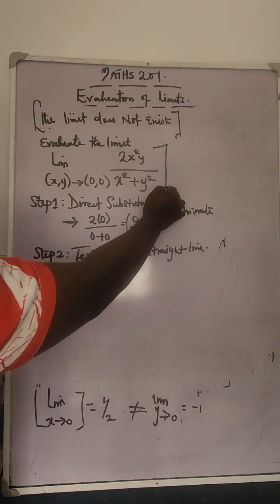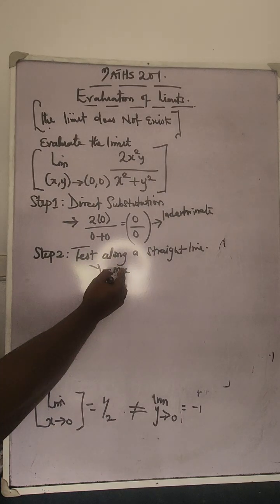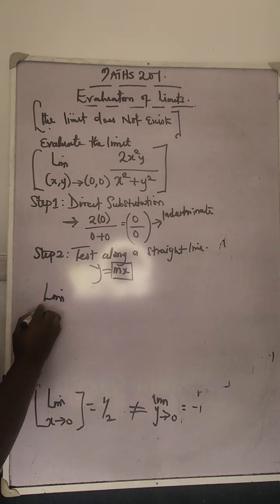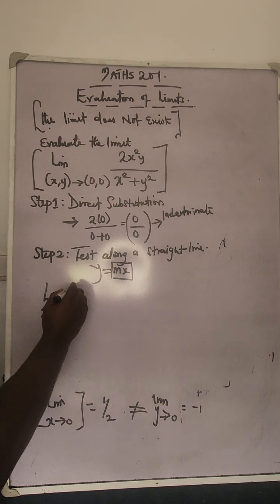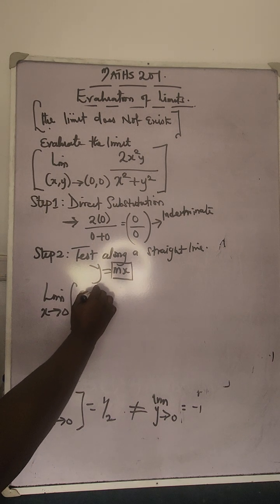This is the function, remember? So anywhere I see y, I'm going to substitute it as mx. So we are having the limit as x approaches 0 of the function. So we have 2x squared.